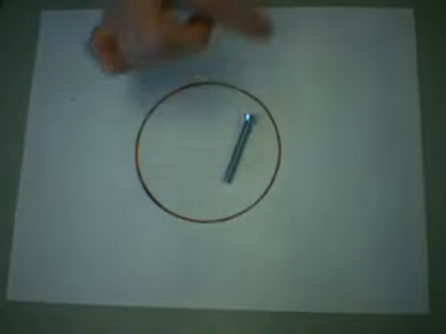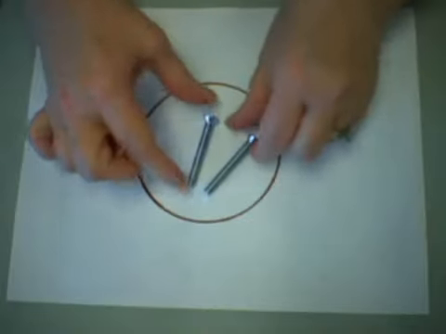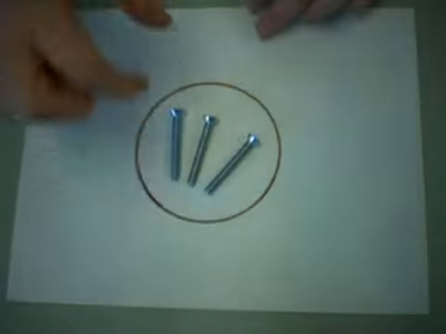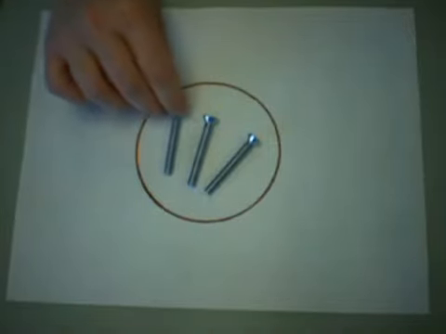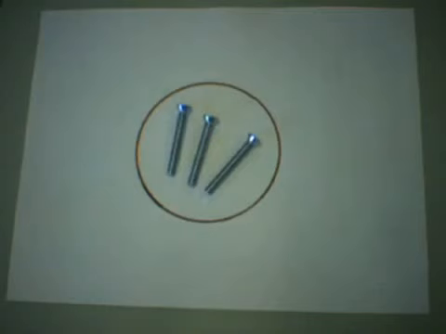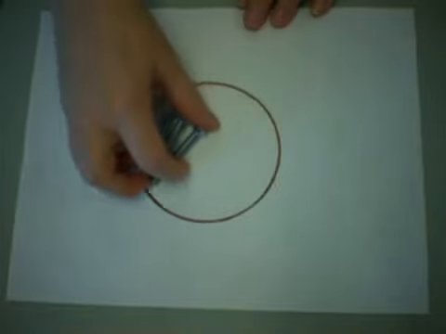So here's an example of an element, and we're going to call it element B. It's going to stand for Bolt. Element B. All the atoms are the same, and it's a pure substance. Let's look at another example of an element.